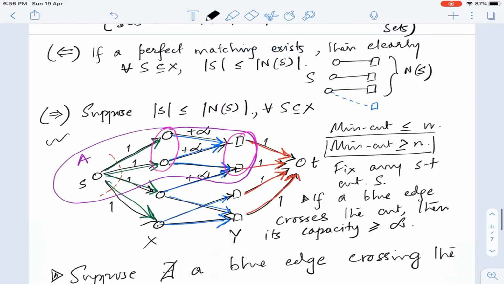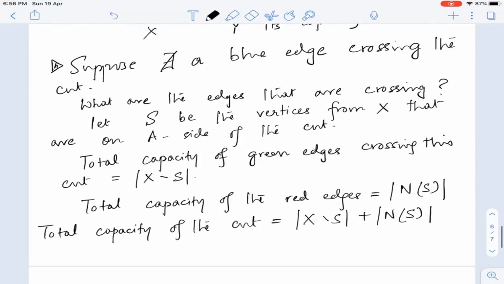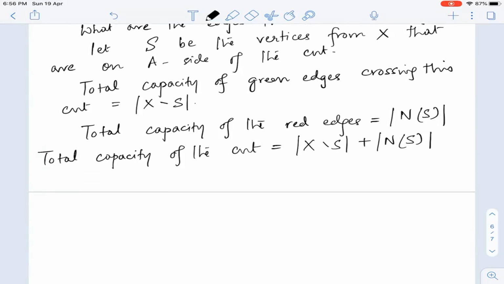I know that for any subset S of X, the neighborhood set has a size which is at least mod S. So this term remains as it is, but I can replace this one with greater than or equal to mod of S. This is using the given condition.